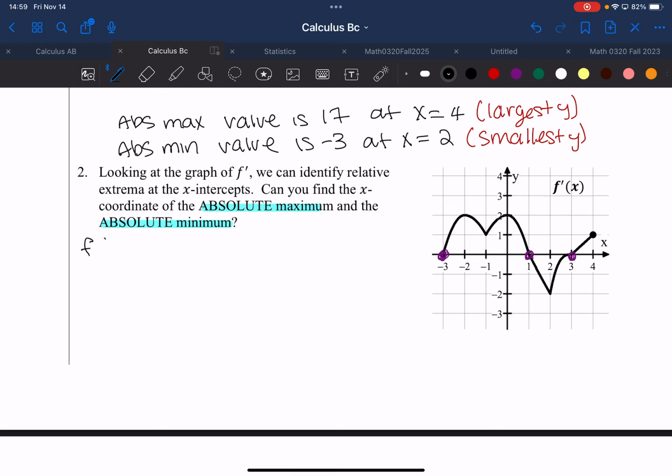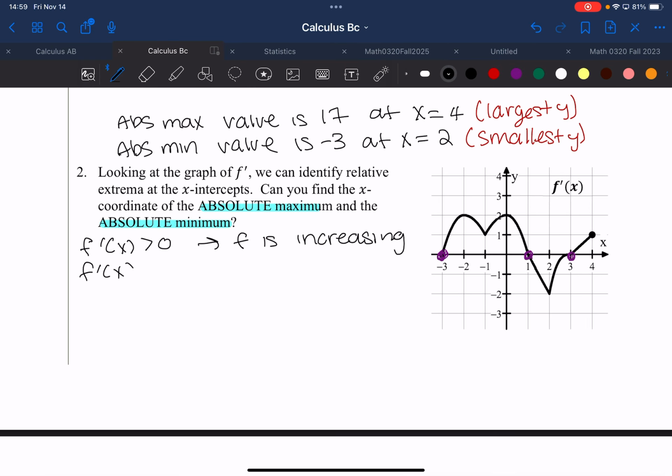So we would say f prime of x is greater than 0, means that f is increasing. And when would f be decreasing? Less than 0. So f prime of x is less than 0, means that f is decreasing.